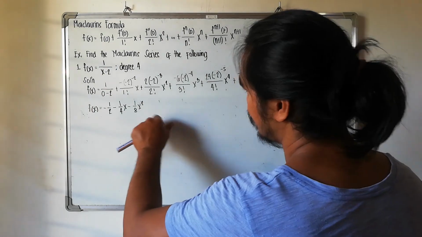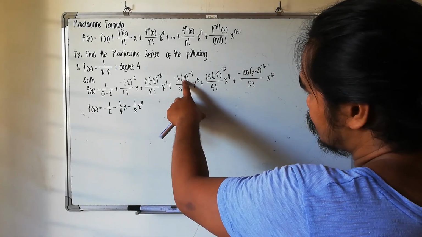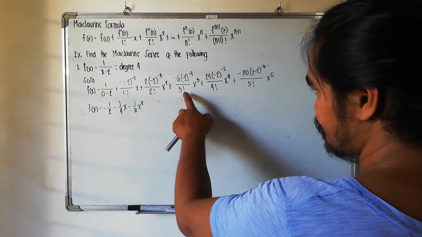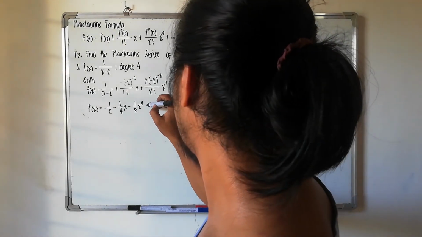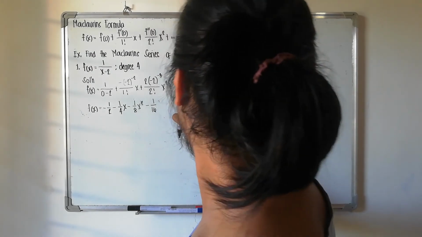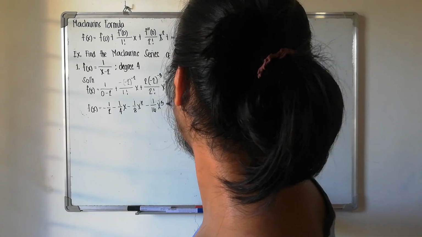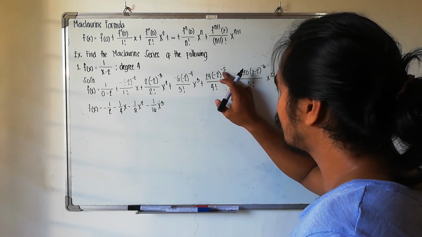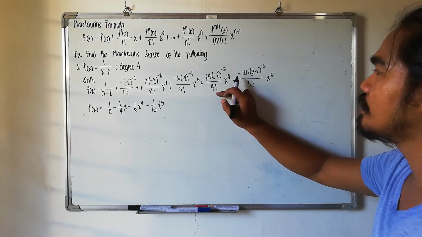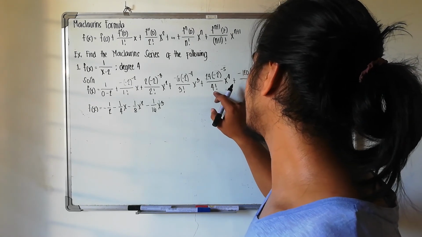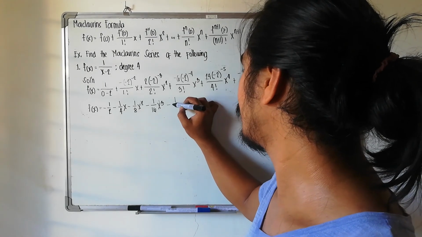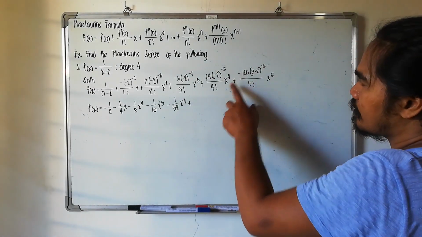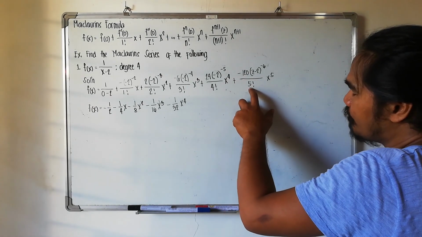plus negative 6 times 2 times negative 2 raised to negative 4 over 3 factorial, so that is negative 1 over 16 times x cubed, plus 24 times negative 2 raised to negative 5 over 4 factorial, so that is negative 1 over 32 times x to the 4th, plus negative 120 divided by 5 factorial, so that is negative 1.